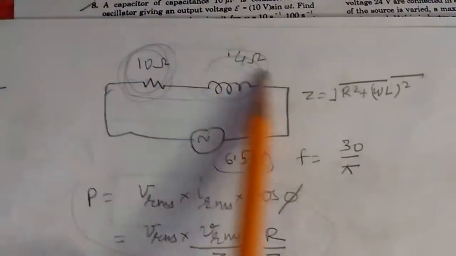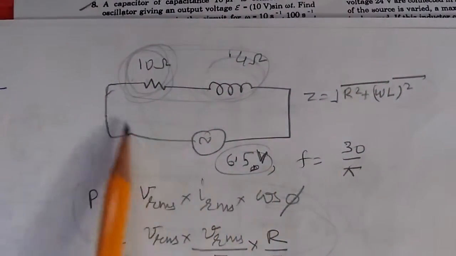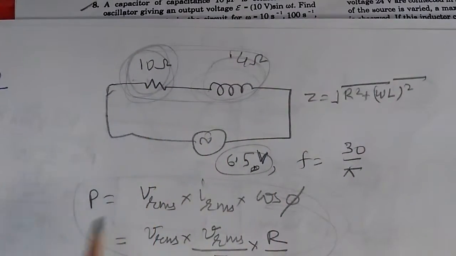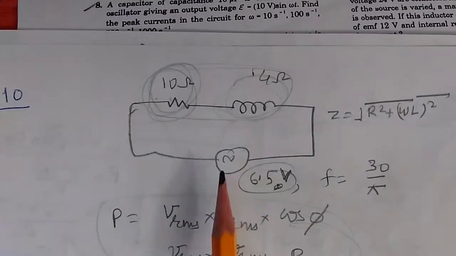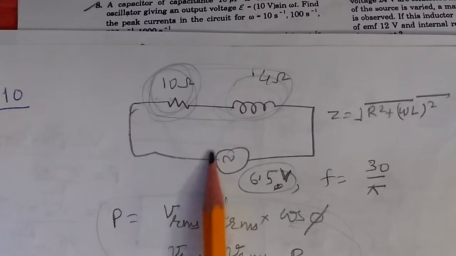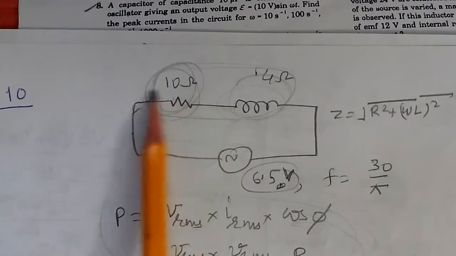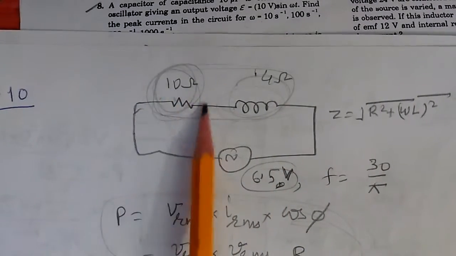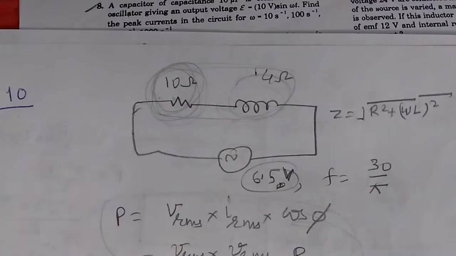What is happening in this whole circuit? As a result of this inductor, our power consumption in the resistance has decreased, and that is one way to reduce this power. Even if we have a tube light here, the tube light's resistor is such that if you give it more than a certain power, it will just blow up.